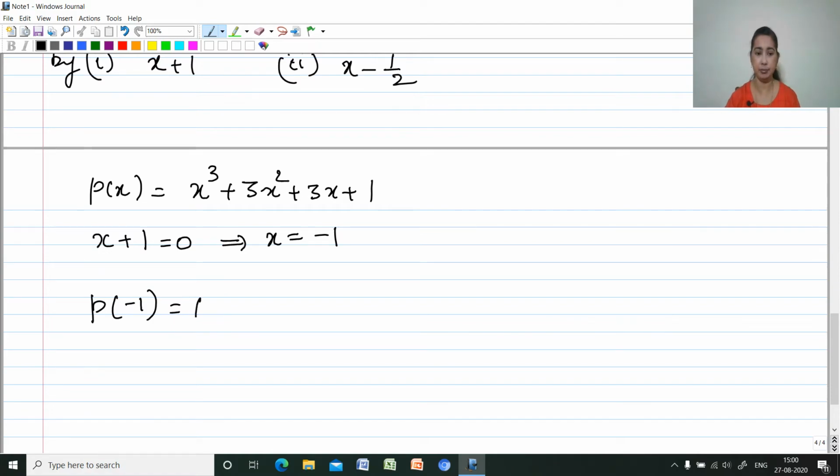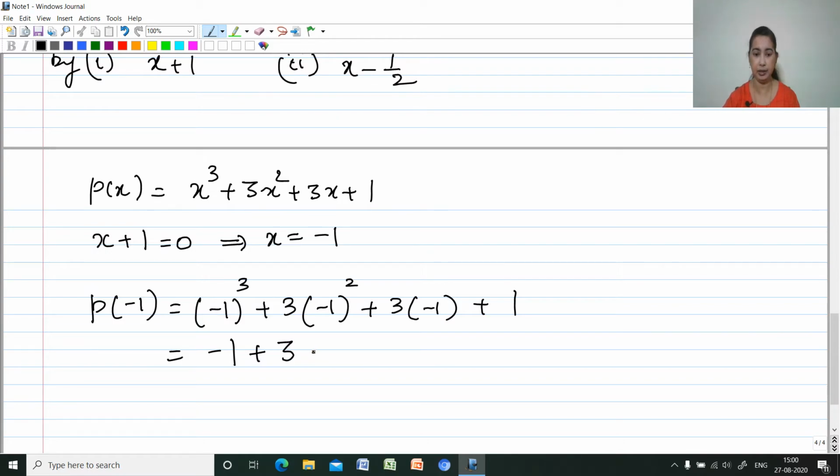That is, it becomes minus 1 whole cube plus 3 into minus 1 whole square plus 3 into minus 1 plus 1. That is, minus 1 whole cube is minus 1. Then here it is plus 3 minus 3 plus 1. So minus 1 and plus 1 get cancelled, plus 3 and minus 3 get cancelled. So it is equal to 0. What does it mean?